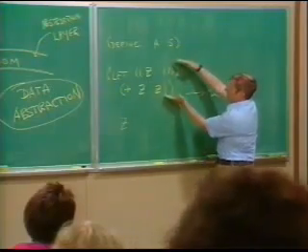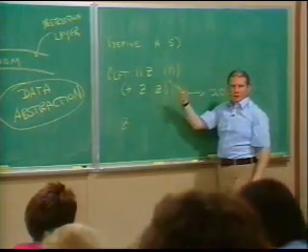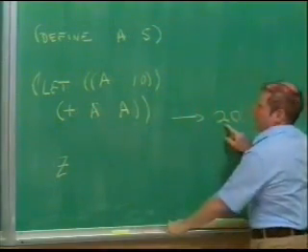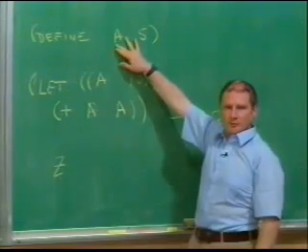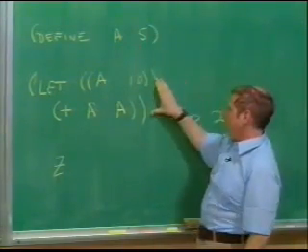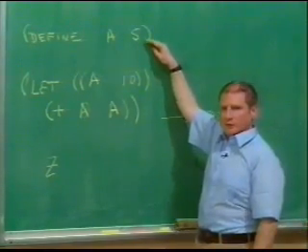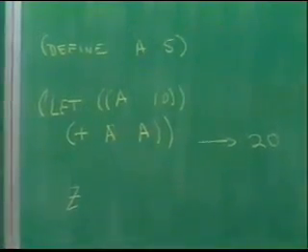So let is a way of setting up a context where you can make definitions. But those definitions are local to this context. And of course, if I'd said A in here, I'd still get 20, but this A would not interfere at all with this one. So if I type this and then type this and then say what's A, it will still be 5. There are some other subtle differences between let and define, but that's the most important one.